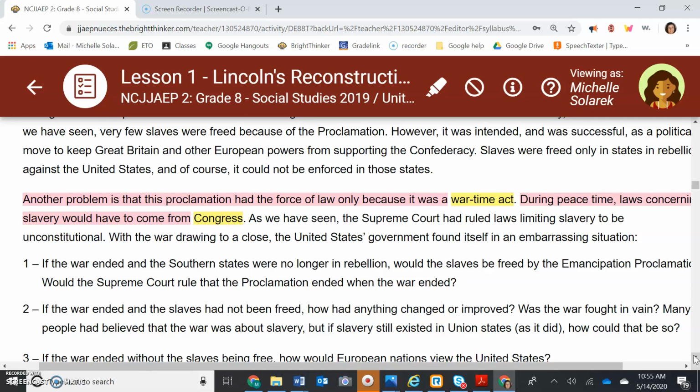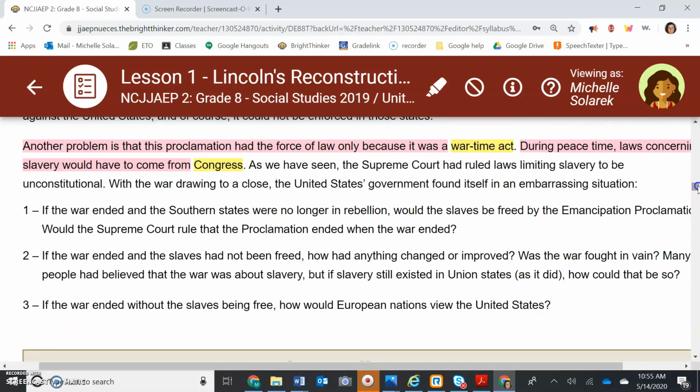It was a wartime act. So number 13, wartime act. Number 14, during peacetime, who would enact the laws on slavery? Congress. We've got one more question here.